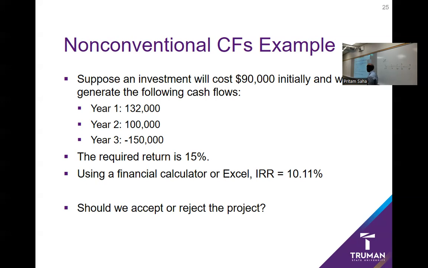They'll ask for the I. Cash flow 0 is negative 90,000, then 132, 2 is 100, and 3 is negative 150. Negative 150, make sure. Then compute NPV, they'll ask for the I, and enter 40.66.